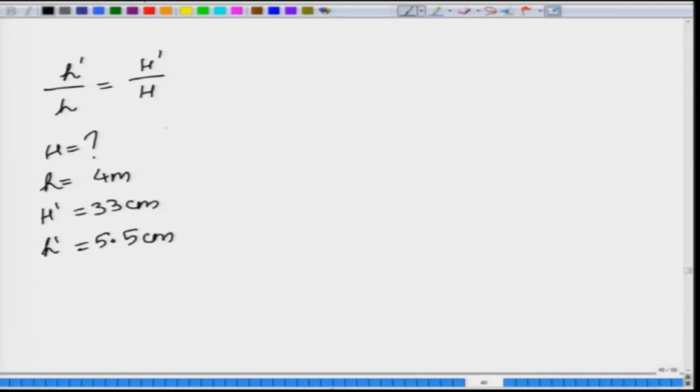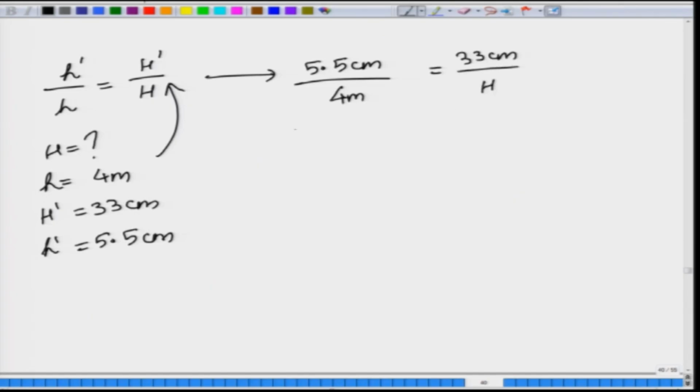So, putting these values in this equation, what we get is small h prime, 5.5 centimeters, divided by small h, 4 meters, is equal to capital H prime, which is 33 centimeters, divided by capital H. So, you get that capital H is equal to 33 centimeters into 4 meters divided by 5.5 centimeters.